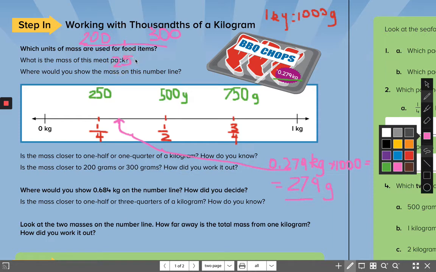And because 279 is going to be past 250, so somewhere here, we know that the weight 279 grams will be closer to 300 grams. How did you work it out? That's how we did work it out.